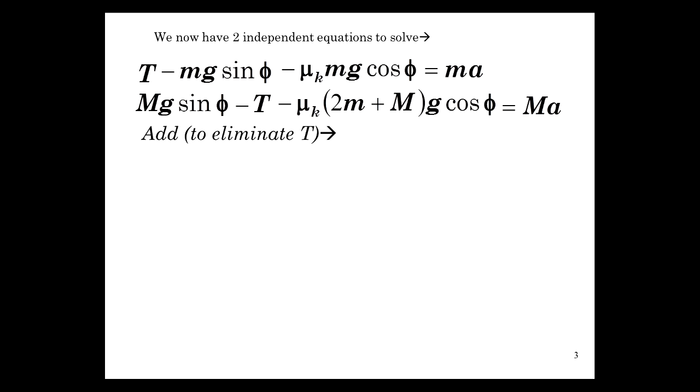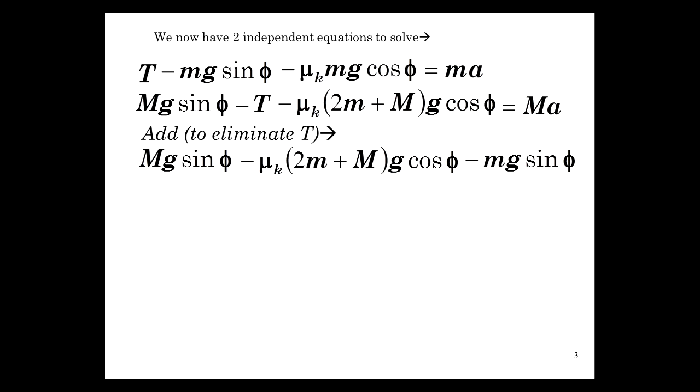So let's do it. So we have little m g sine of phi. There it is. We have mu k 2m plus M g cosine of phi. We're going to subtract mg sine of phi and mu k m g cosine of phi. And that's m plus M times a.